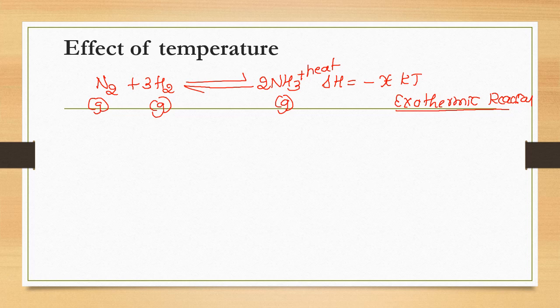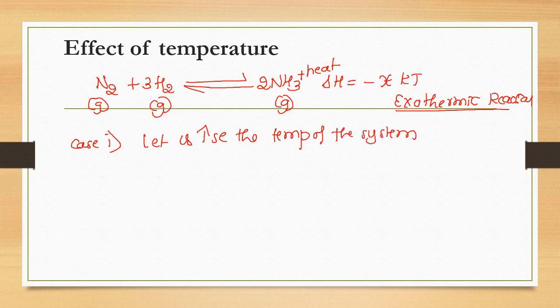In an exothermic reaction, consider heat as a product. That is for your understanding of the concept. Okay, now case 1: let us increase the temperature of the system. We are increasing the temperature of the system, which means we are raising heat, isn't it? Already I told you, during an exothermic reaction heat is liberated, therefore we can write heat as a product.